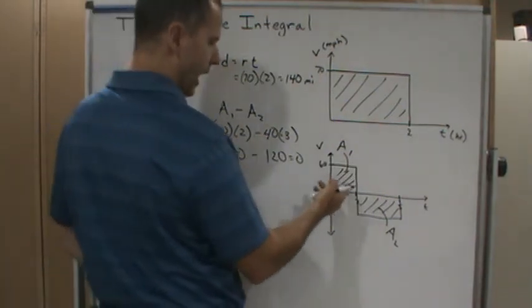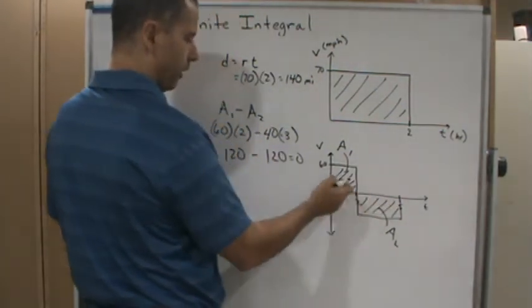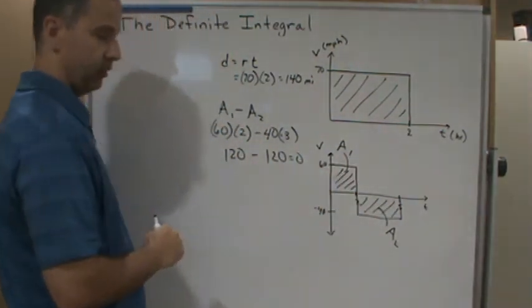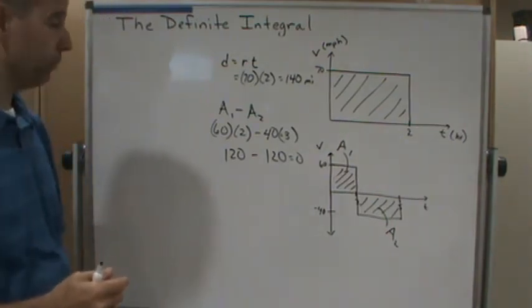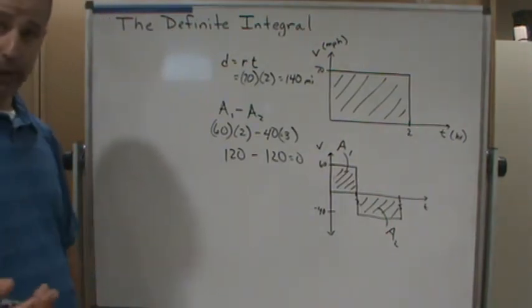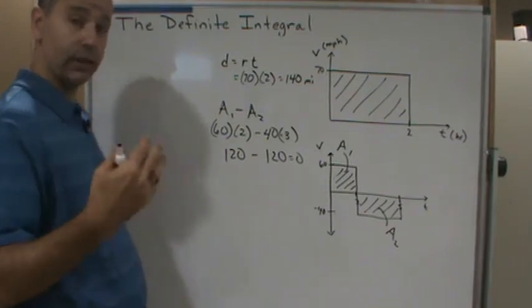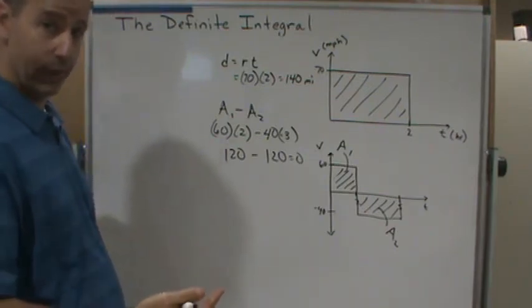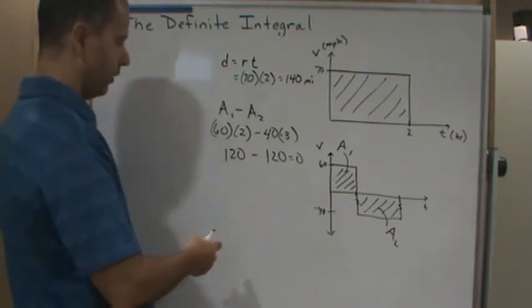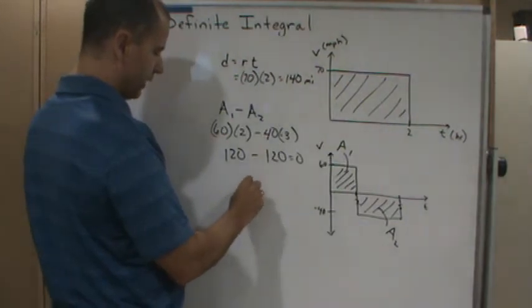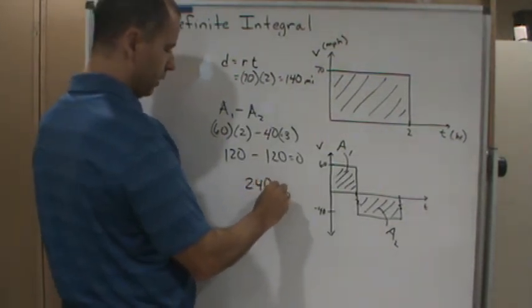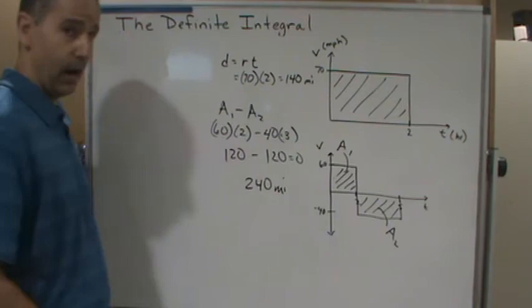Instead of subtracting the area below the axis from the area above the axis, I would just add them, because I want the total distance traveled. Even though displacement is 0, the total distance traveled in this case would be 240 miles.